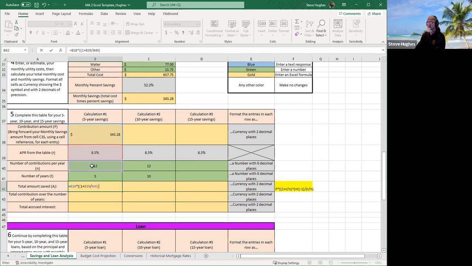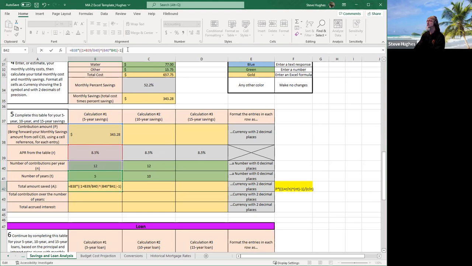Next is your caret, not asterisk, which is shift 6, open parentheses, N times T. N is where I just was, B40, times, don't forget the times, T, which is B41, close my parentheses, minus 1. Remember, I'm using this formula right here. So minus 1, close parentheses.